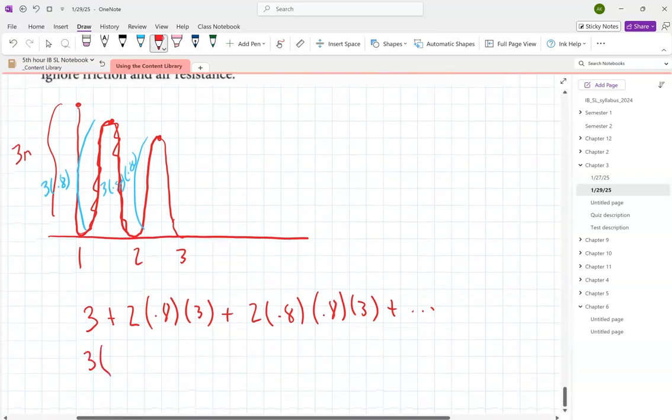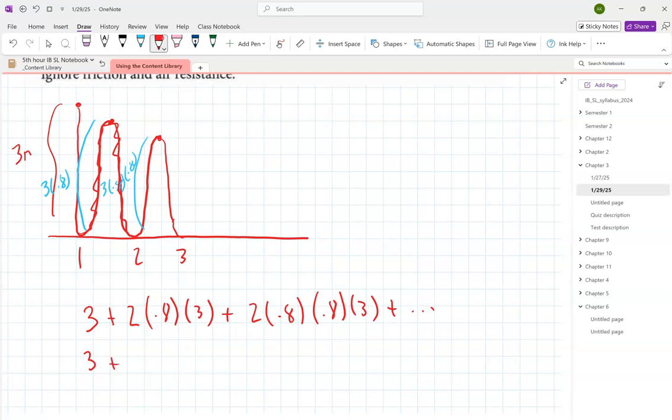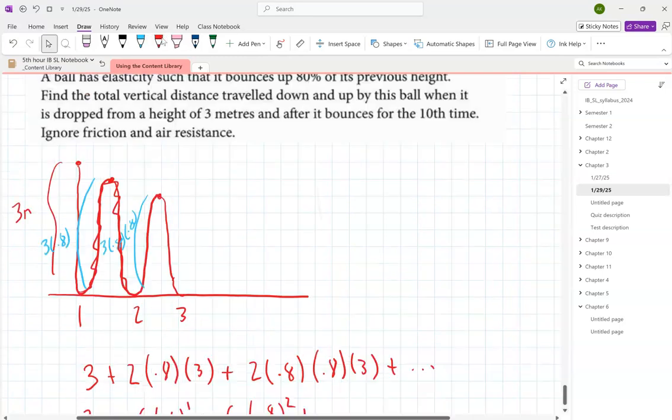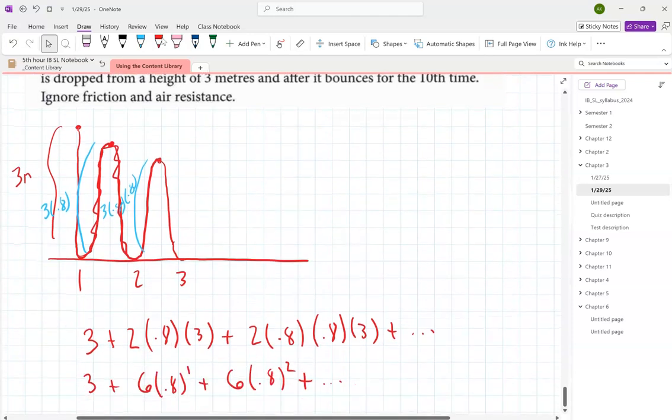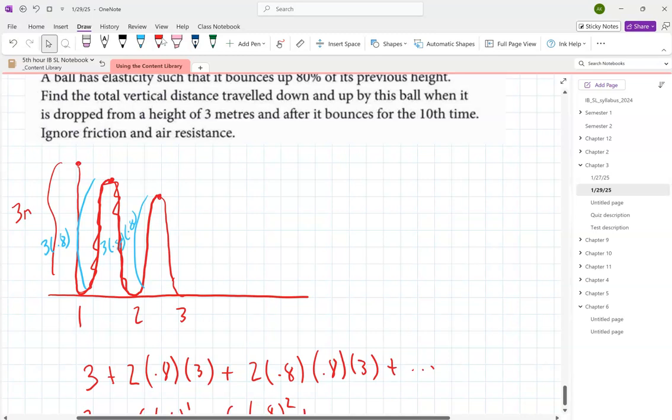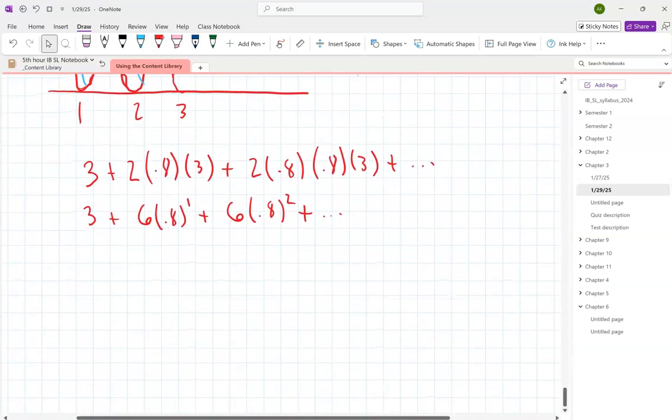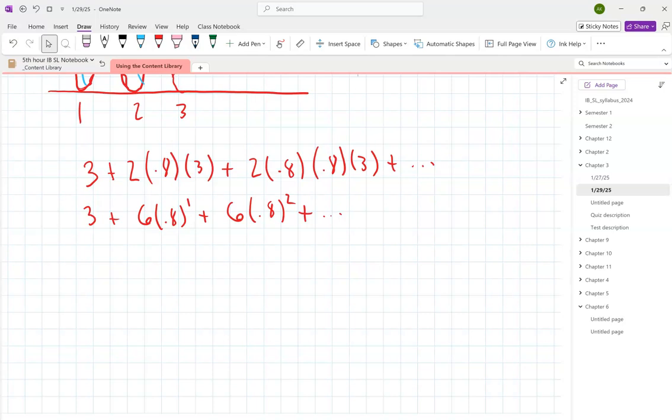So this is basically like, say that's 6 times 0.8 to the first, and then 6 times 0.8 to the second. Does that feel okay so far?